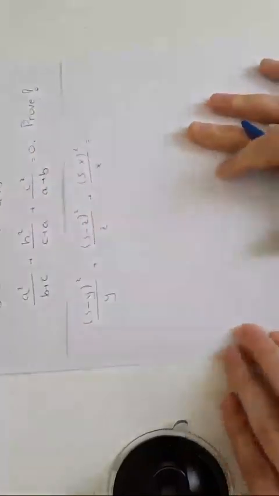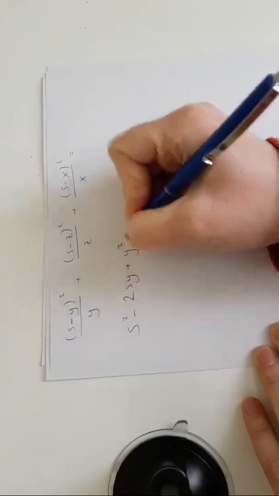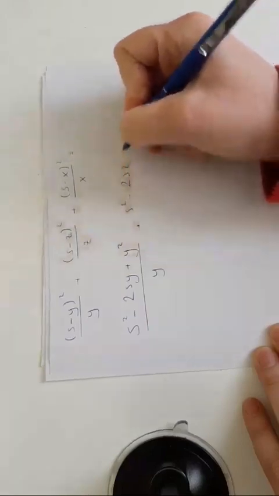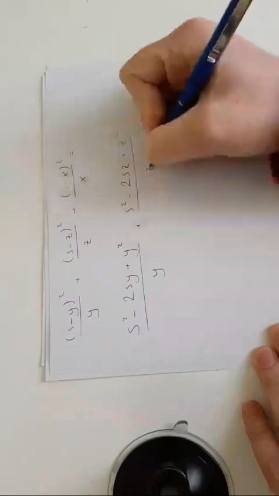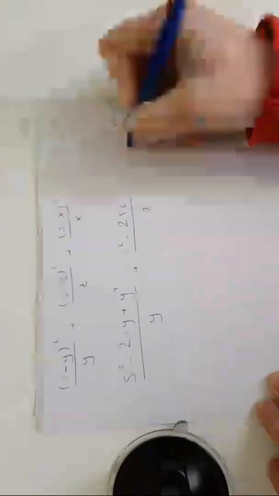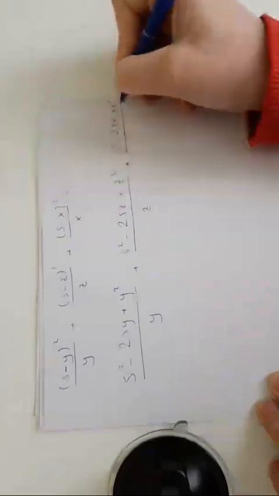Now if I will open the binomial squares, I will get s squared minus 2sy plus y squared over y plus s squared minus 2sz plus z squared over z plus s squared minus 2sx plus x squared over x.